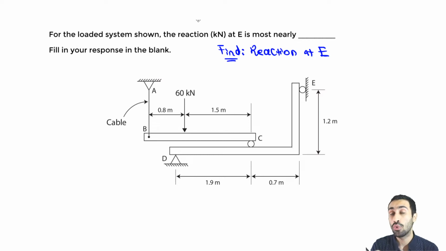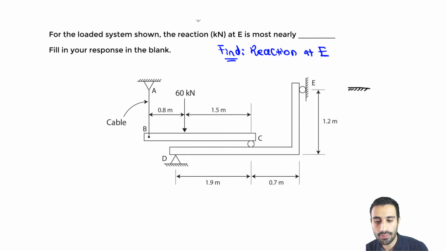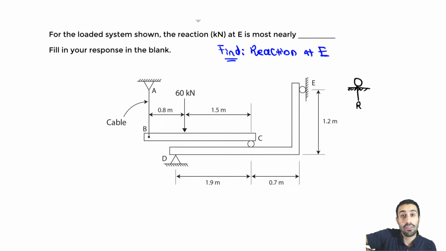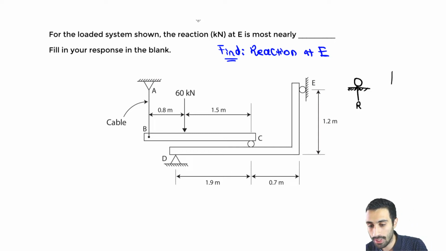It has to be a normal reaction, because with a roller, for example, we're used to seeing a roller where the bottom surface is fixed to the horizontal ground, and then the reaction would just point up vertically. Let's call it R for reaction. But in this case, the surface is fixed vertically. It's aligned vertically where it's fixed to the wall.